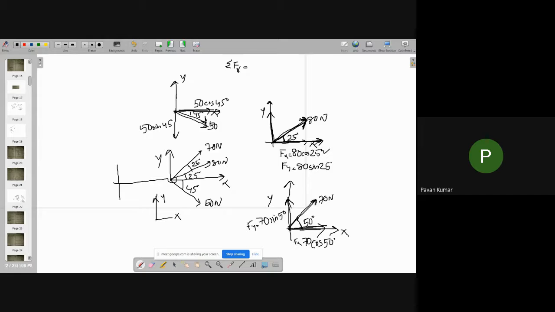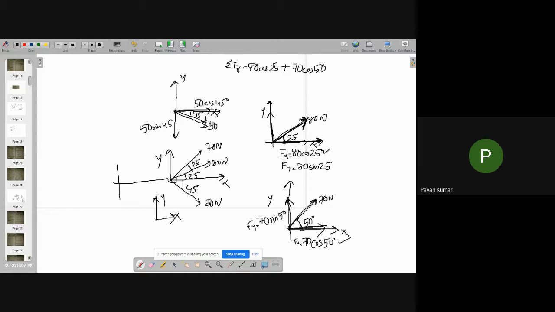The first one is in the positive direction, so it will be 80 cos 25. The second component is also acting in the positive direction, so plus 70 cos 50.